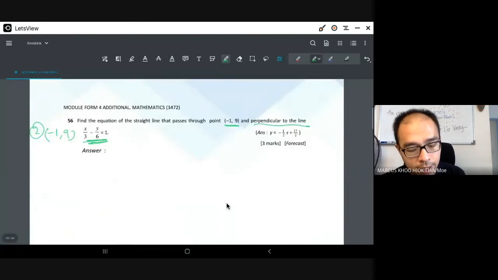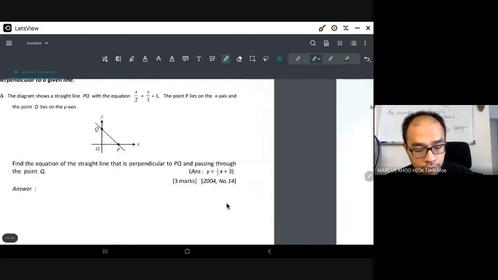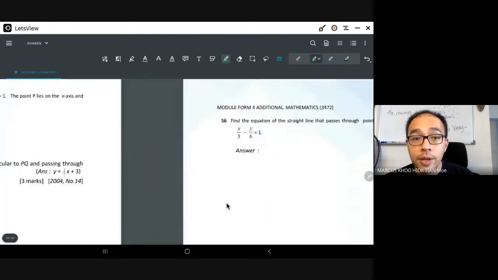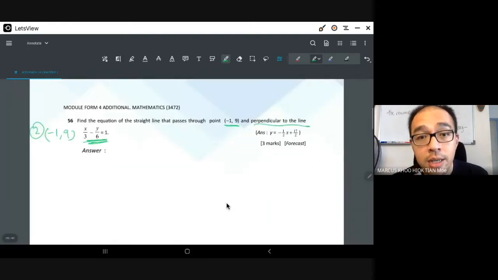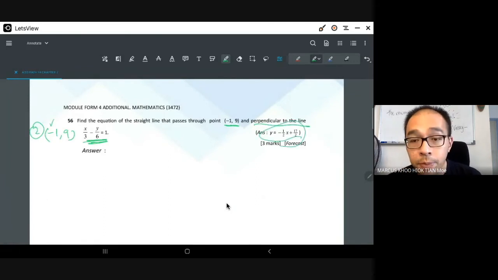This is the same question as number 55, just a different number, and you will get the same thing. The point is given already, and we can find the gradient. Please answer this on your own, because everything is there already.